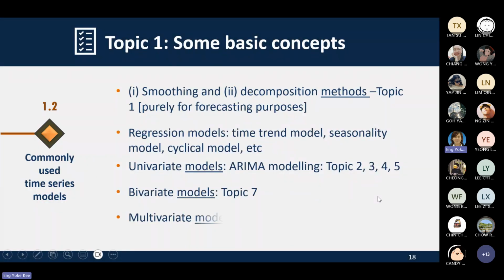So we cover all these models in our course. Okay, so these are the things. So for topic 1, we will cover the classical way.